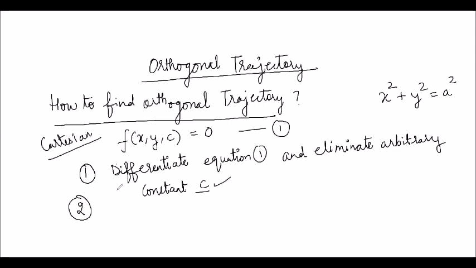Because when two lines are perpendicular, there is a relation between their slopes, and dy by dx is actually the slope. So second step: replace dy by dx by minus dx by dy.